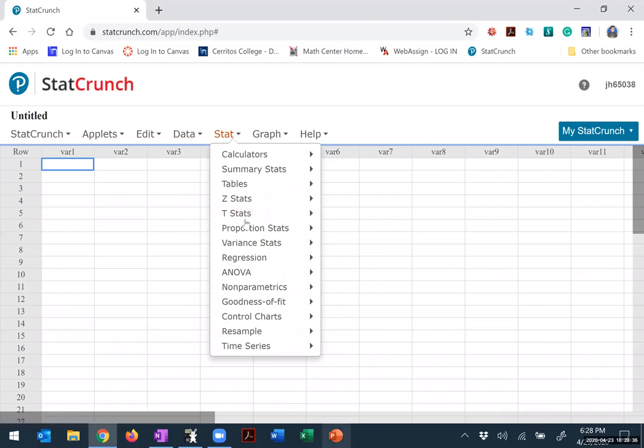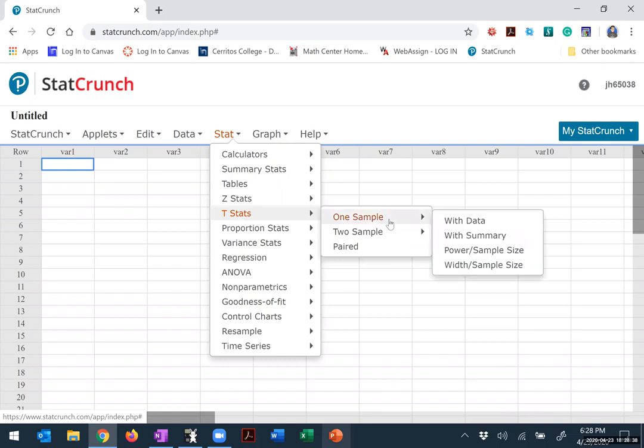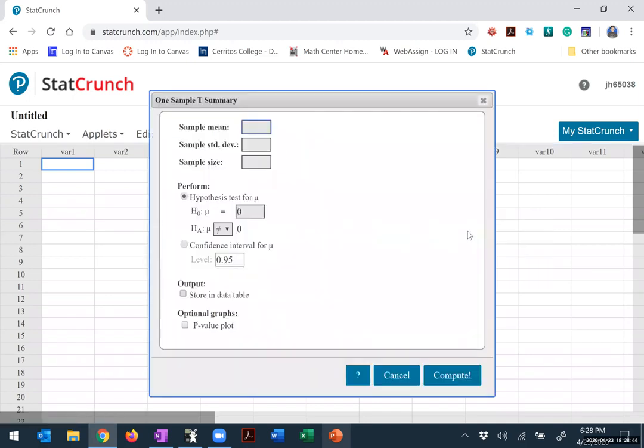T-stats, one sample with summary. It asks what our sample mean is. Well, our sample mean was 36. Our sample standard deviation was 3. Our sample size was 20.